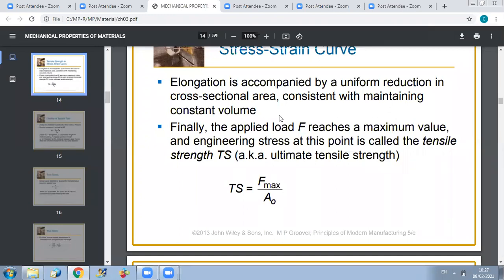And at this point, we have the tensile strength, also known as ultimate tensile strength, and it's defined as F maximum over A0. So if you get from the graph the tensile strength, which is the maximum, you can deduce the maximum load that can be applied on your specimen before starting necking.